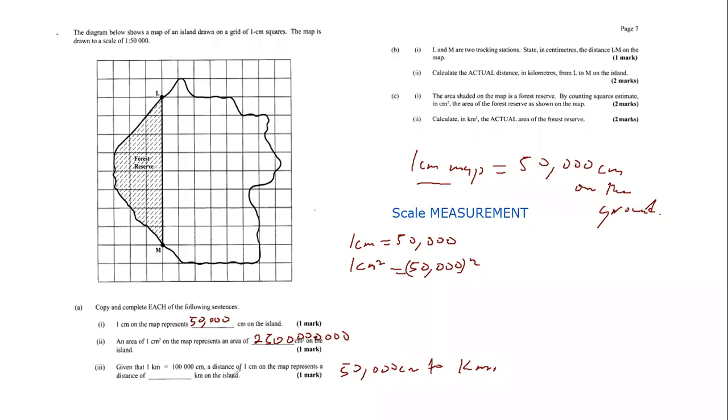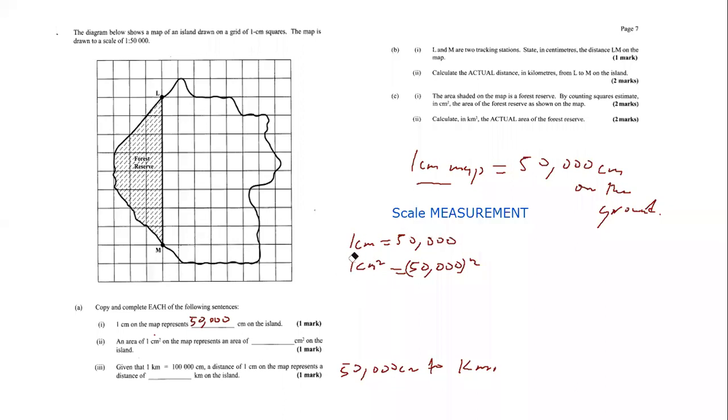For number 2, they say an area of 1 centimeter square on the map represents dash centimeter square on the island. If the area of 1 centimeter square on the map is equal to that on the ground, every 1 centimeter will give me 50,000.